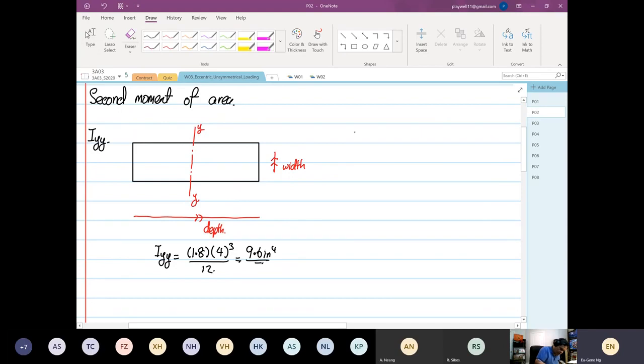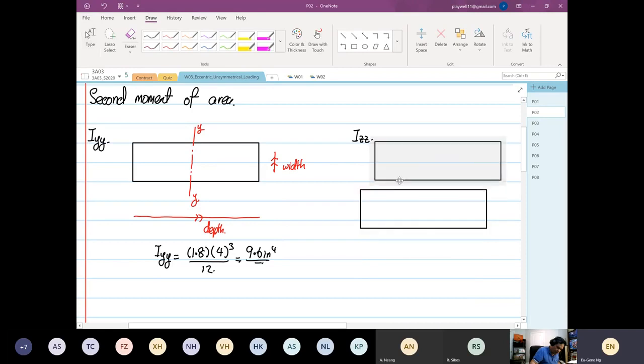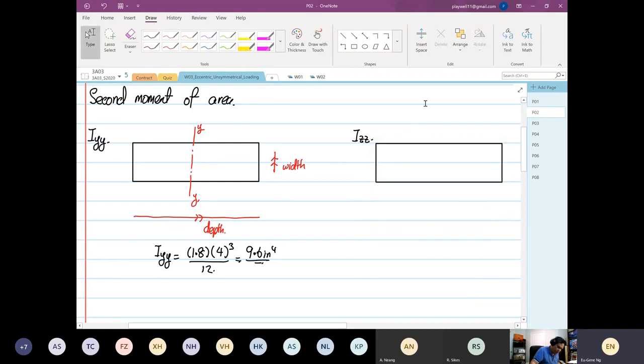So this is Izz. Again, identify which is the width and which is the depth. It's very easy if you do it relative to your axis. So ZZ over here, this is your ZZ.